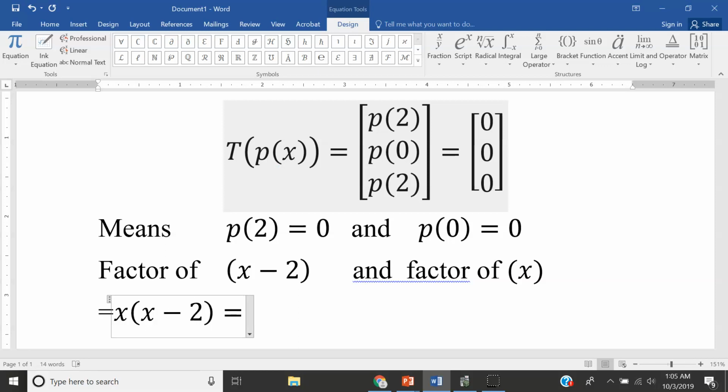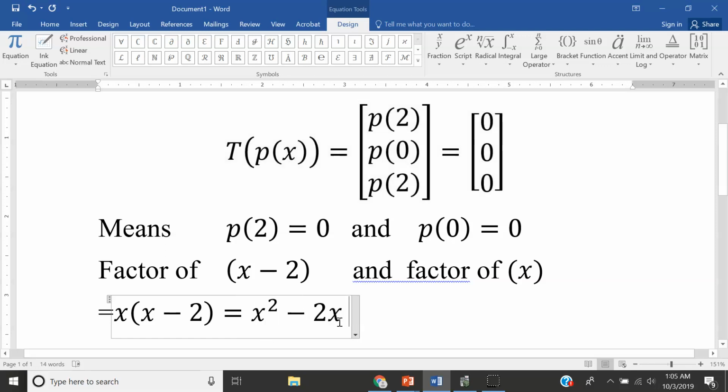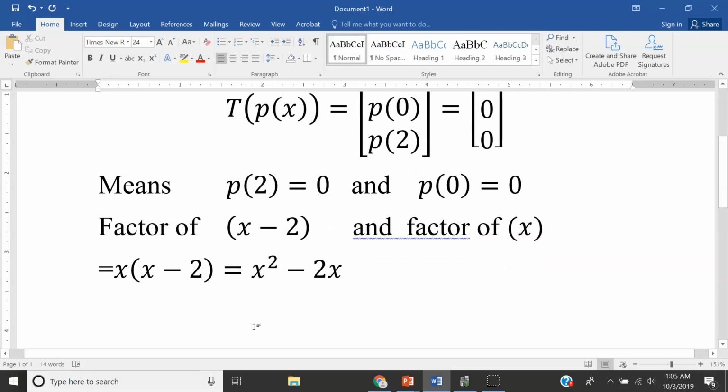Now, you can notice that this is a second degree polynomial. So when we talk about multiples of this, we can't multiply by any other factors with x in it, or we go up to a third degree. So what I'm claiming is that all polynomials that give me the 0 vector are just scalar multiples of this one.